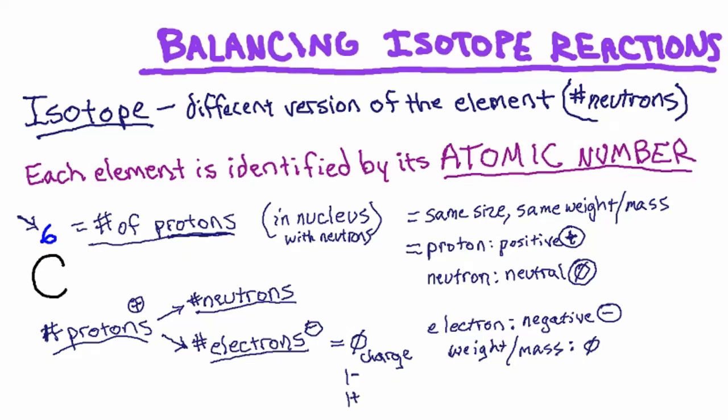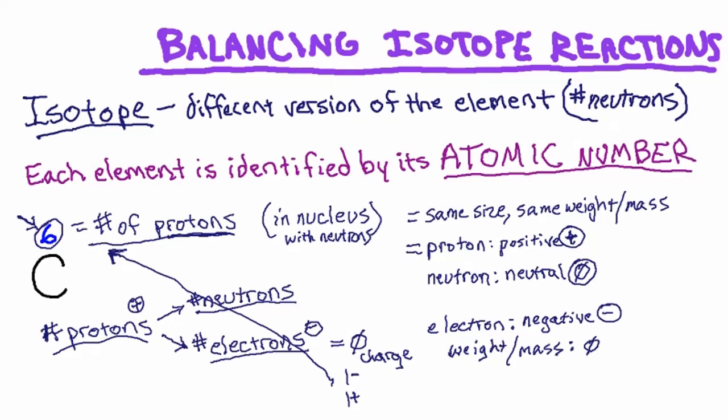But that does not affect the atomic number being the number of protons. The number of protons stays the same. There's always 6 protons in this carbon, and 6 protons always mean the atomic number of 6, and the atomic number of 6 always means carbon.